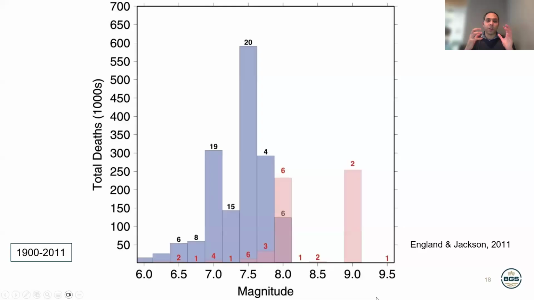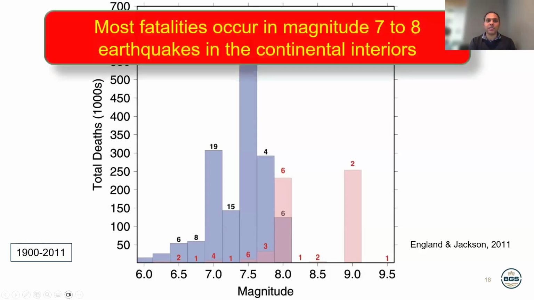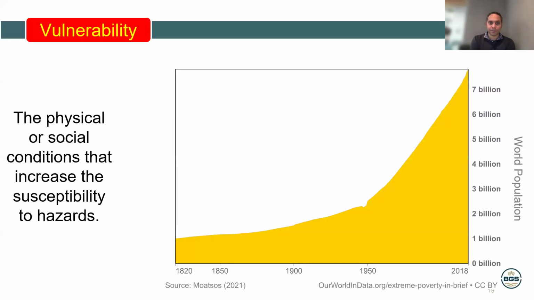And these are what we call continental earthquakes in the red circle, so these are smaller. They tend to be between 6 and 7 or 7 and 8 magnitudes, and they tend to be more fatal. So 20 magnitude 7.5 earthquakes killed around 600,000 people in the last century or so. So to summarize, the most fatal earthquakes occur between magnitude 7 to 8 in the continental interiors, historically.